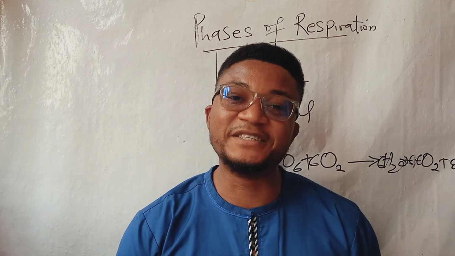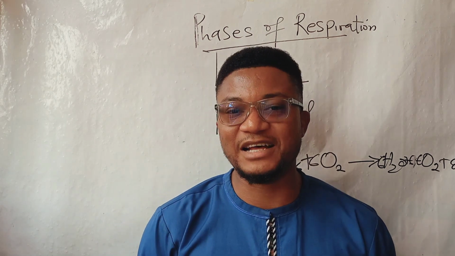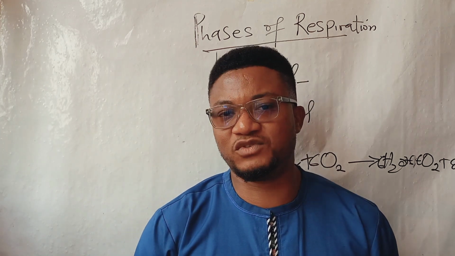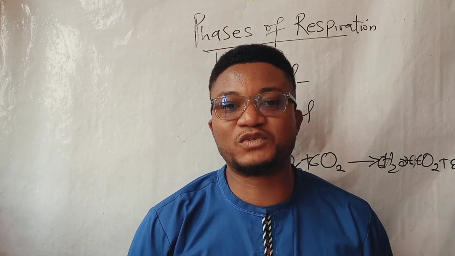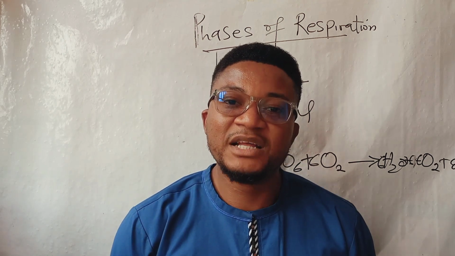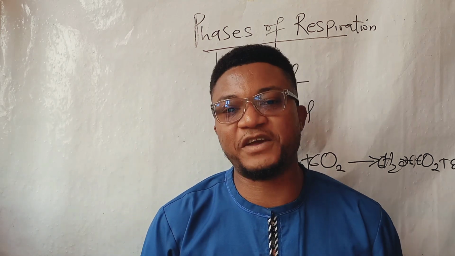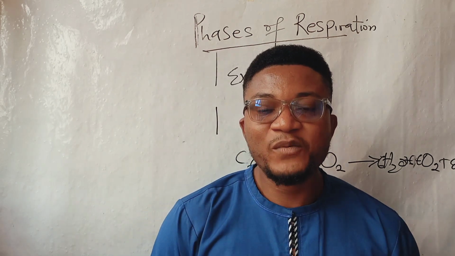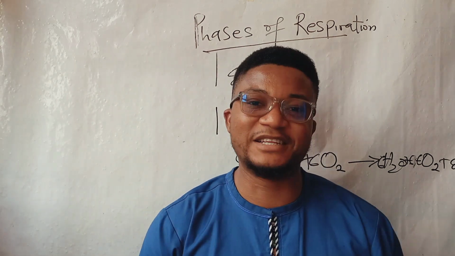Let me summarize the phases of respiration. In summary, class, we have discussed that for proper respiration to be carried out by an organism, it will happen in two phases. Number one, the phase of external respiration, which involves the exchange of gases with the environment.